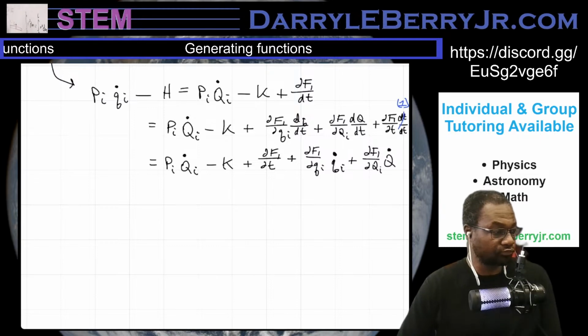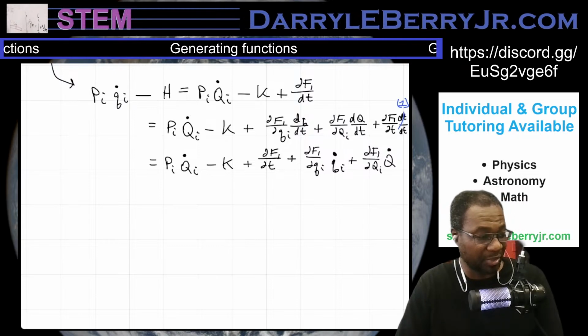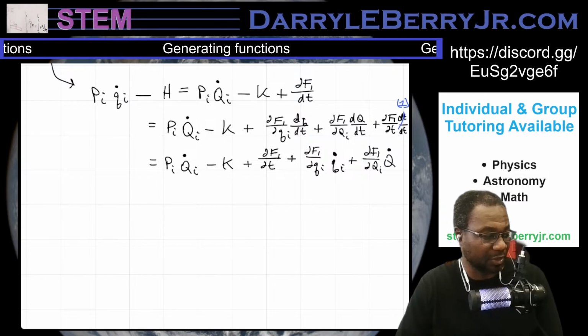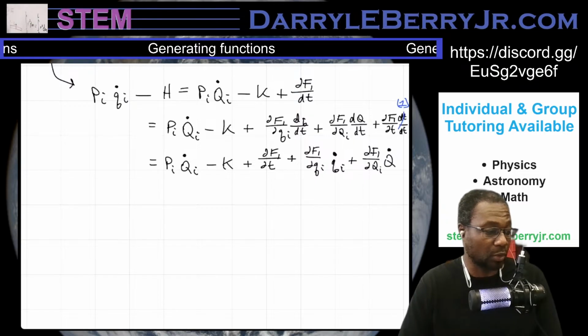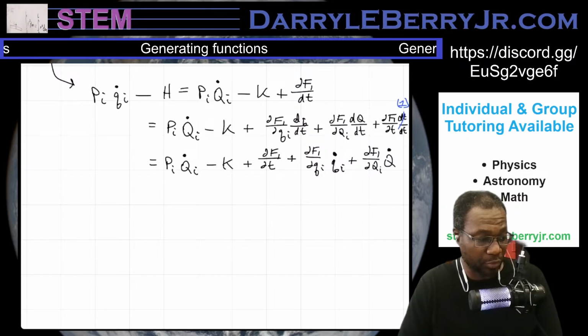The old and new coordinates q_i and Q_i are separately independent. Equation 9.13 can hold identically only if the coefficients of q_i dot and Q_i dot each vanish.